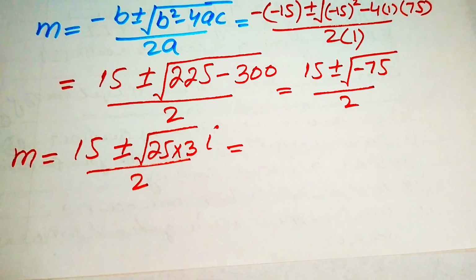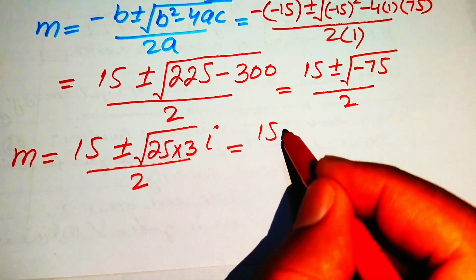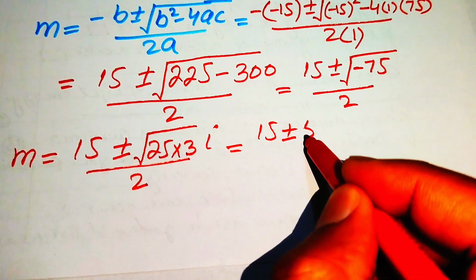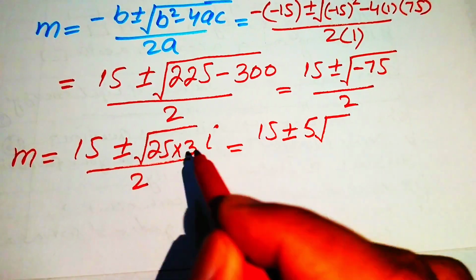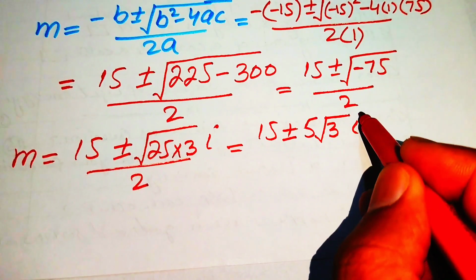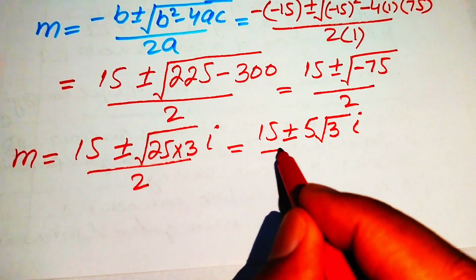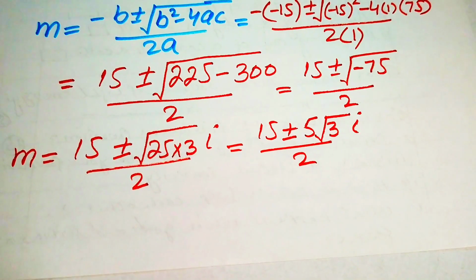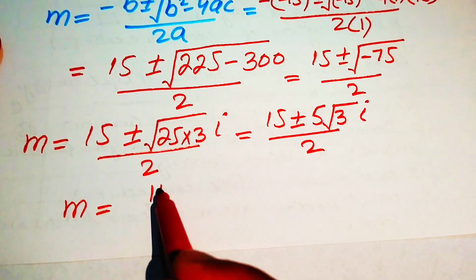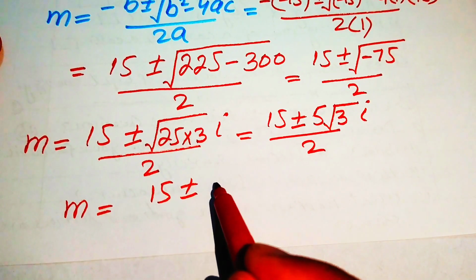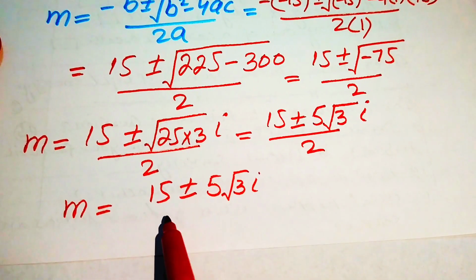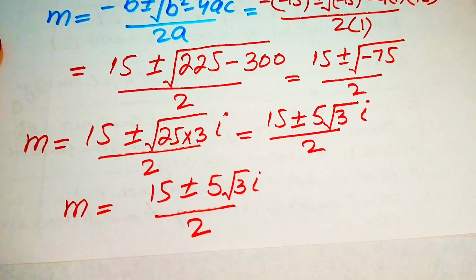So now we rewrite this equation as 15 ±, we know that the square root of 25 equals 5, and the square root of 3 is written as square root of 3 times iota, and this whole divided by 2. So we get m = (15 ± 5 times square root of 3 iota) divided by 2.